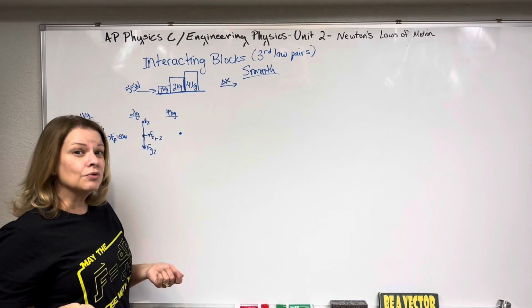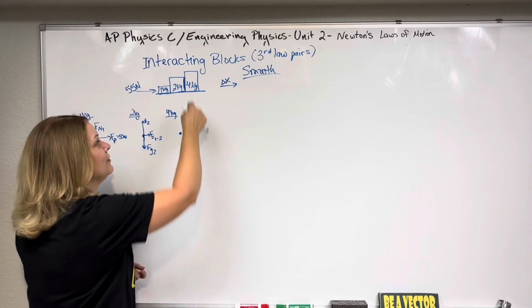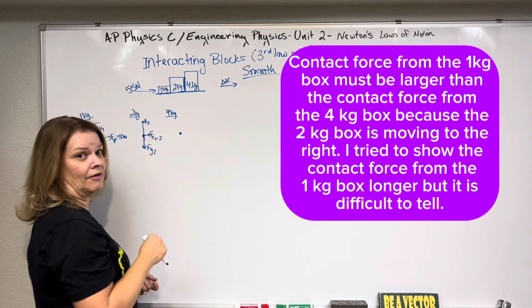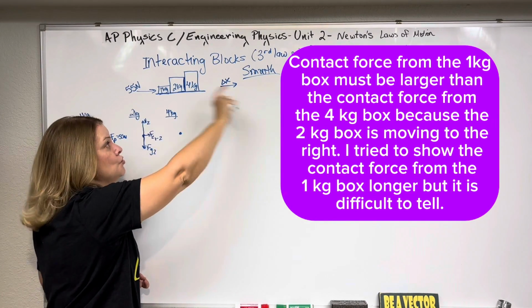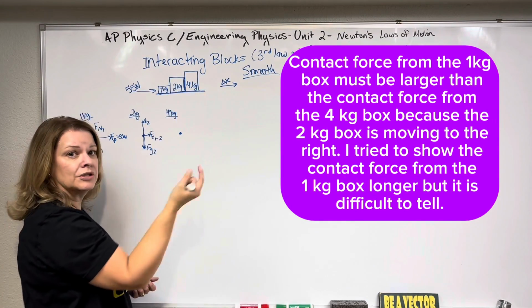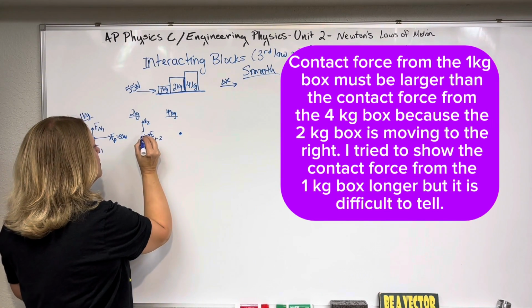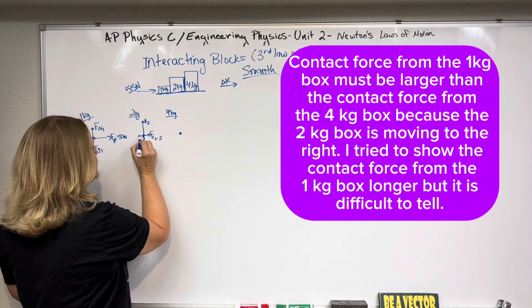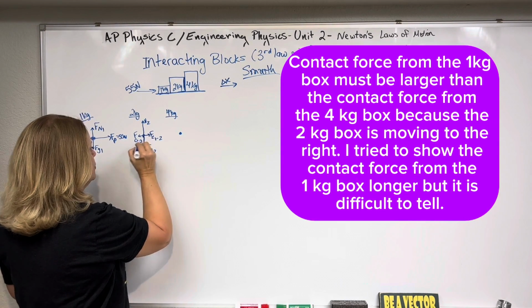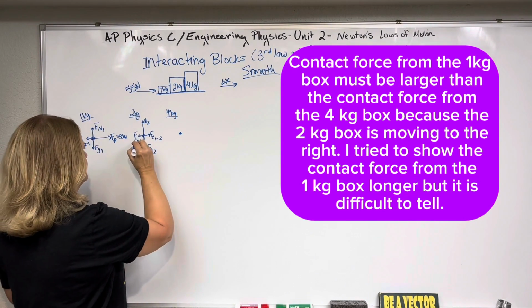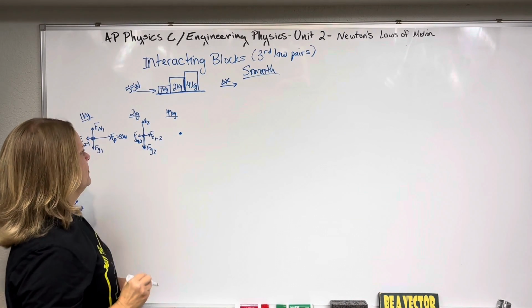Well, the 2 kilogram block has another force. It has the 4 kilogram pushing back on it. The 2 is going to be pushing it to the east so that it all moves to the east, but the 4 is going to be pushing back equally. So it has a force of contact of 4 on 2.